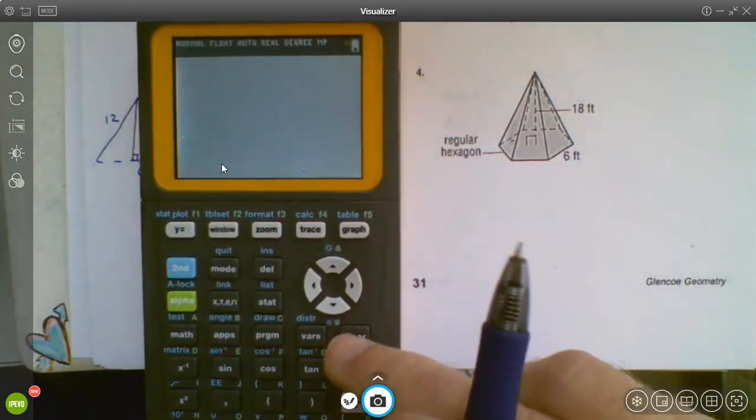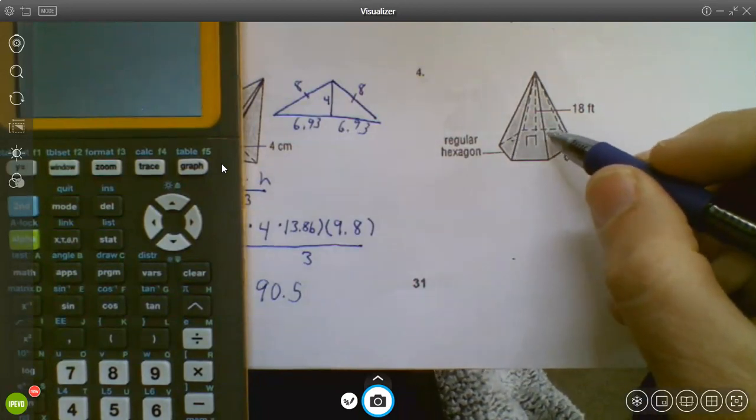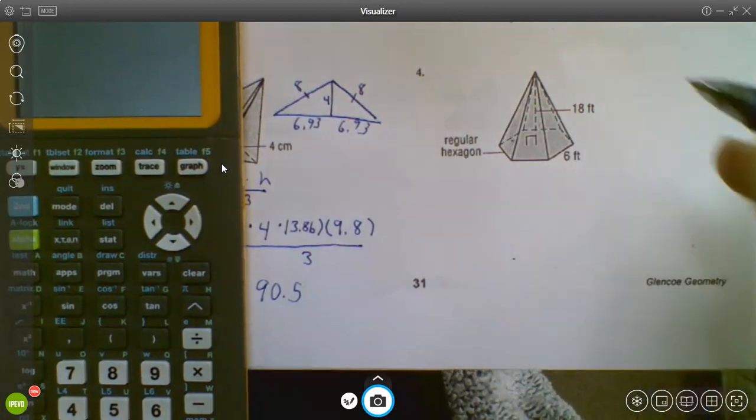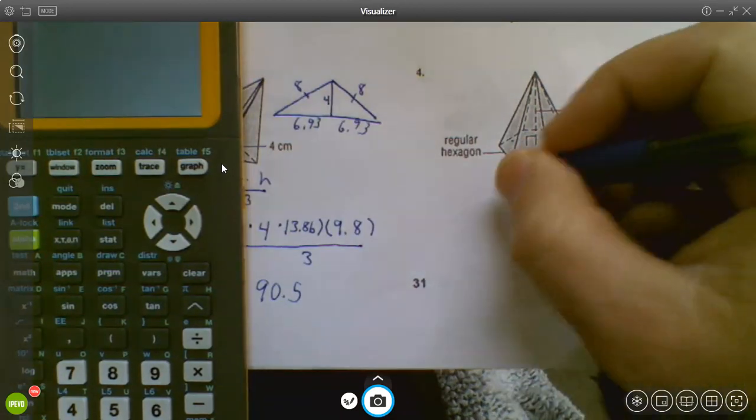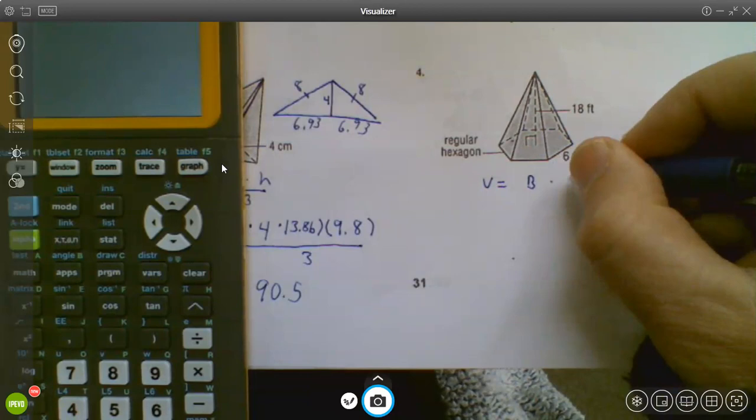With this one, we're still doing the same process. The base is challenging because it's a hexagon, but we can do it. So let me put it down here. I'm still looking for the area of the base times the height.